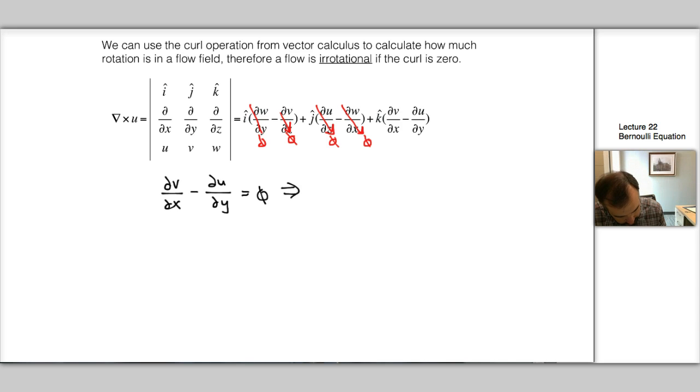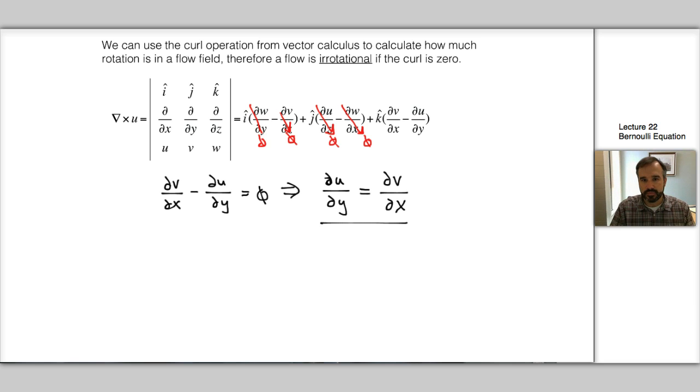So we're going to say du/dy is equal to dv/dx. Right? Because they have to be 0, those two have to be equal. So du/dy equals dv/dx.